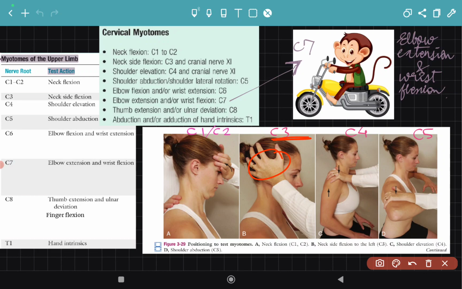Side by side, we are also keeping the clinical aspect, how to test those myotomes, because it is simple to understand. So this is about C3, neck side flexion, lateral flexion. Next is C4 for shoulder elevation. You can see the resistance is this way and the patient is asked to elevate the shoulder. Then C5 is for shoulder abduction, as can be seen in the diagram.